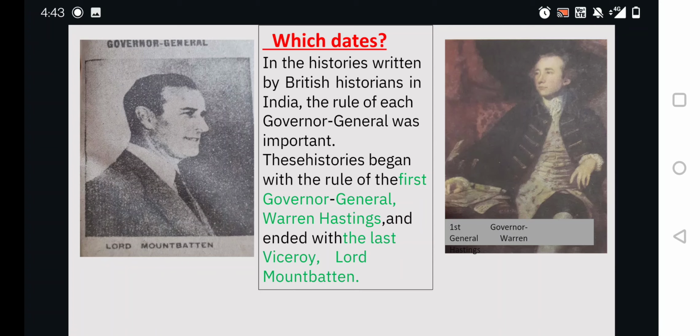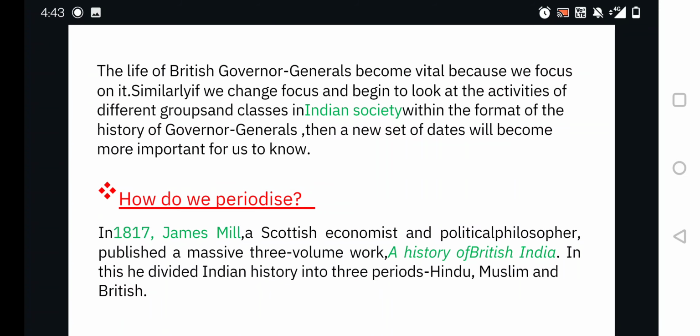In the histories written by British historians in India, the rule of each Governor General was important. These histories began with the rule of the first Governor General of Bengal, Warren Hastings, and ended with the last Viceroy, or the last Governor General, you can say, Mountbatten. All these writings of British historians revolved around the governor generals, and what activities took place in that time period.